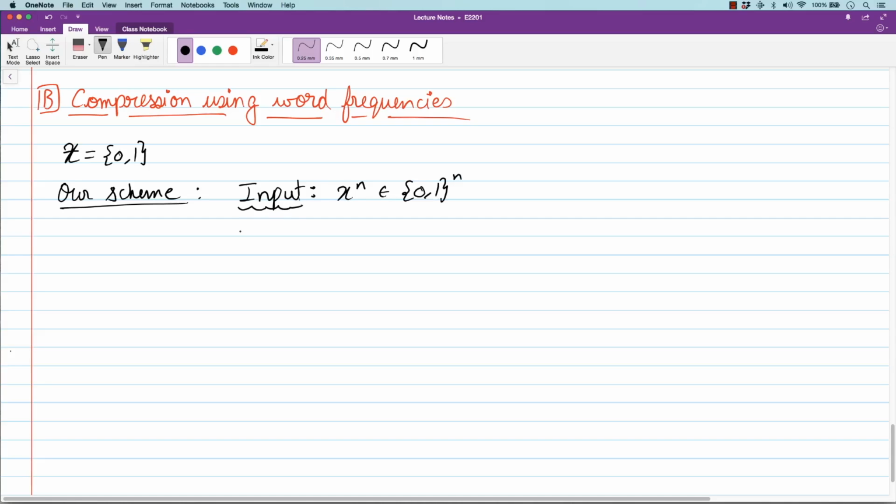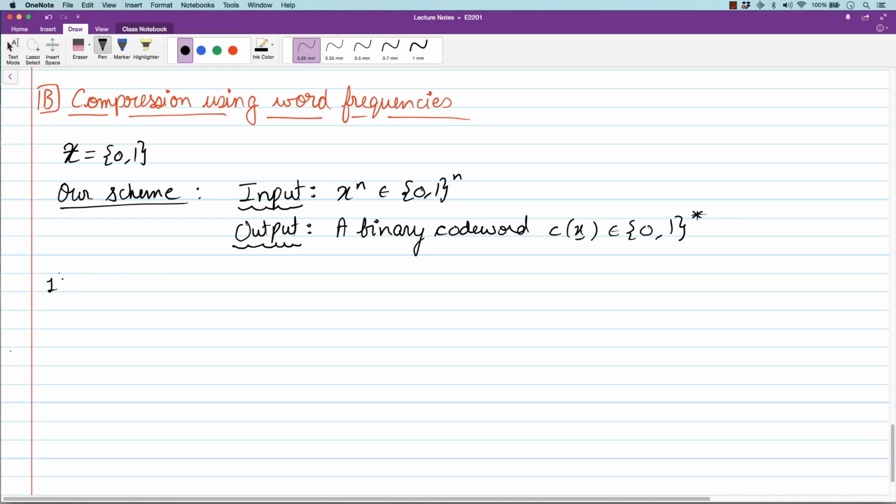What's the output for our scheme? Output is a compressed sequence, so it's a binary code word, let me call it c_x. That's the code word for x. This is also a binary sequence, but its length can vary from symbol to symbol. So this is just a finite length binary sequence.